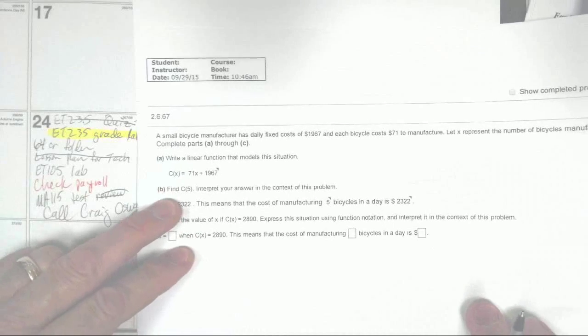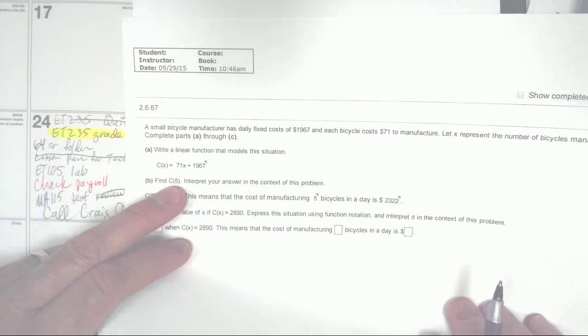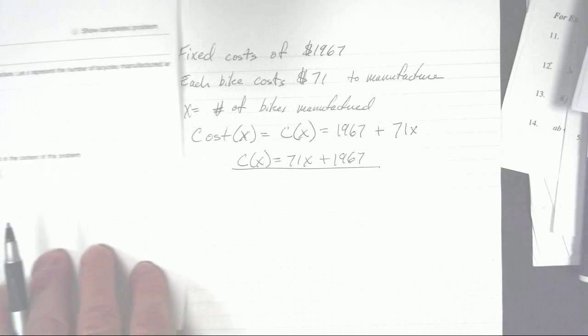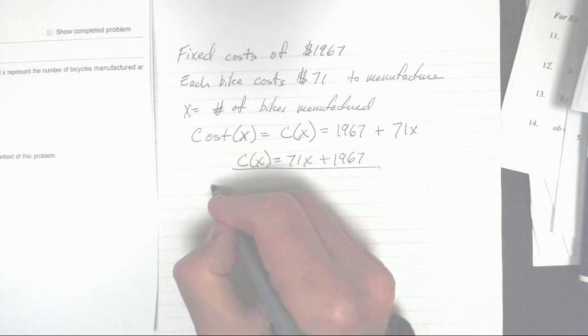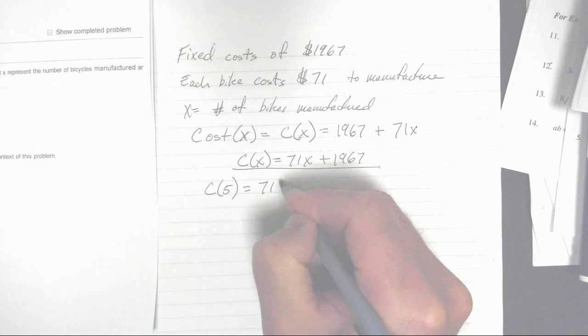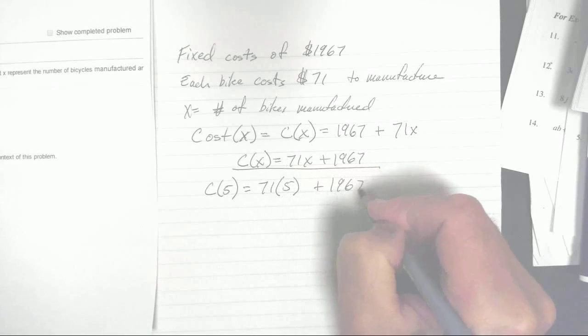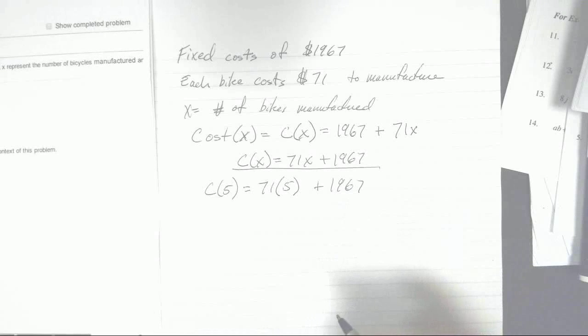So now if we wanted to find the cost when we make 5 bicycles, that's C of 5 here. We'll substitute that in there, C of 5, and that's going to be 71 times 5 plus 1,967. All right? And 71 times 5 is what? I don't know.